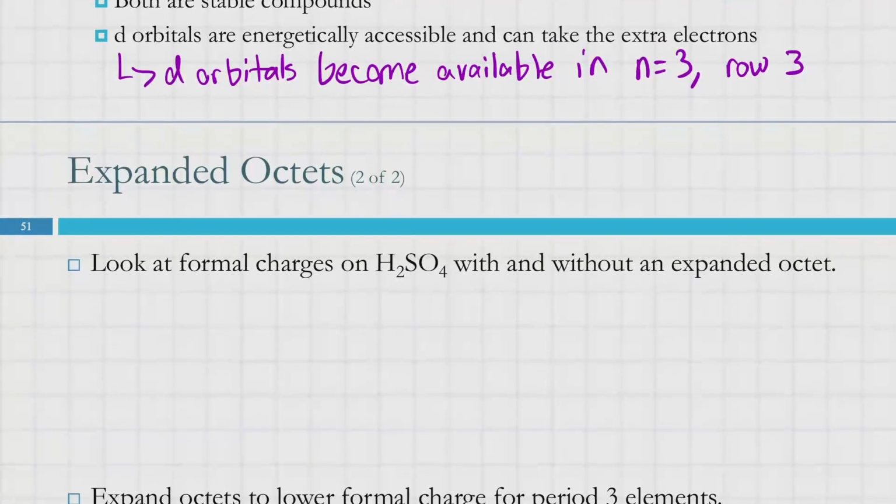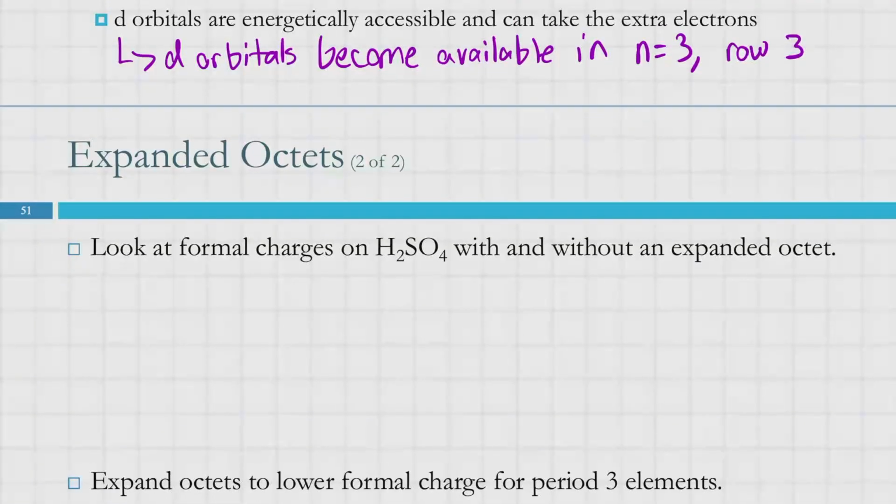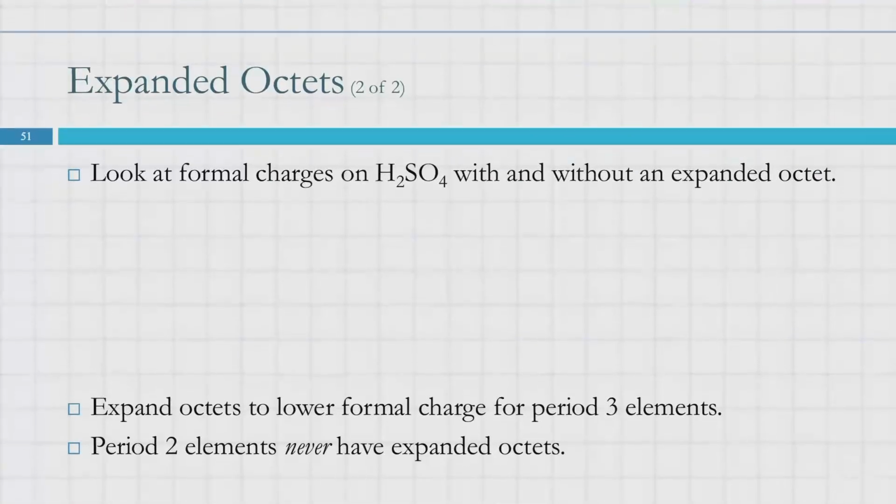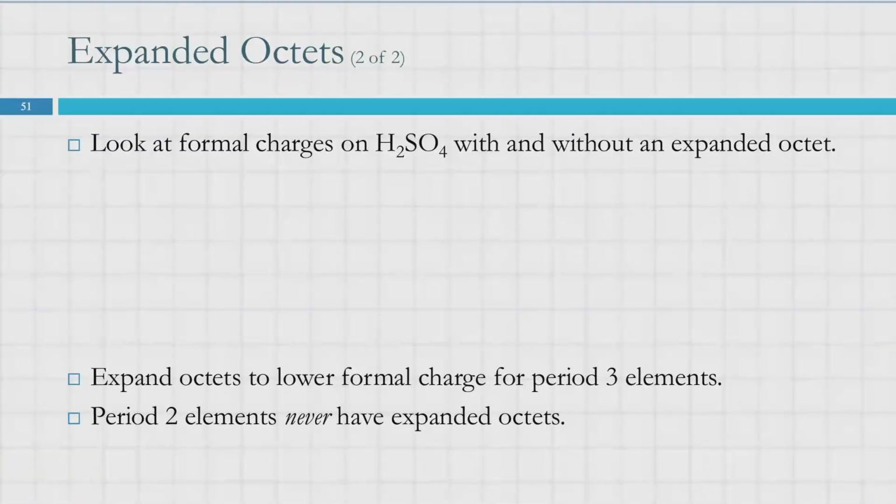Let's look at formal charges on sulfuric acid with and without an expanded octet. Sulfur in the middle with 4 oxygens on it. 2 of those oxygens have hydrogens on them.